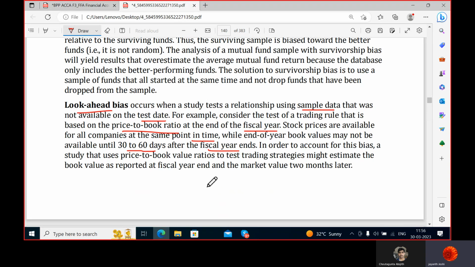So I estimate that some data like the book values will be available within 30 to 60 days. Let's say I'm taking an investment, and my investment's book value is so and so. I need to estimate that until I have the accurate data with me. So my estimates can be over or under, and that can again create a bias.